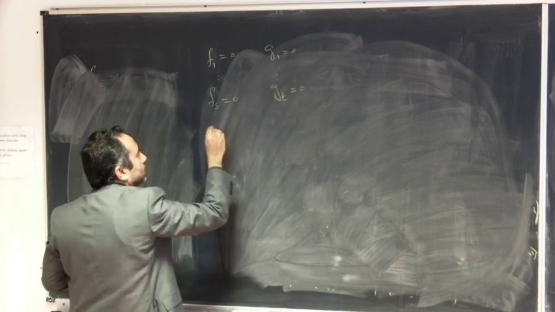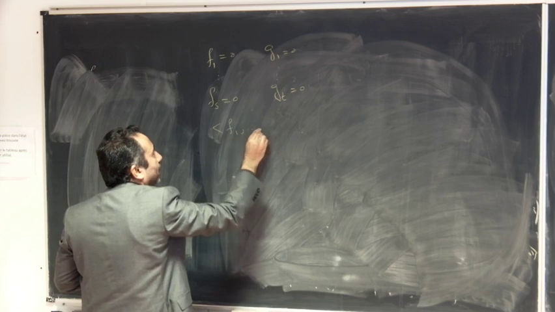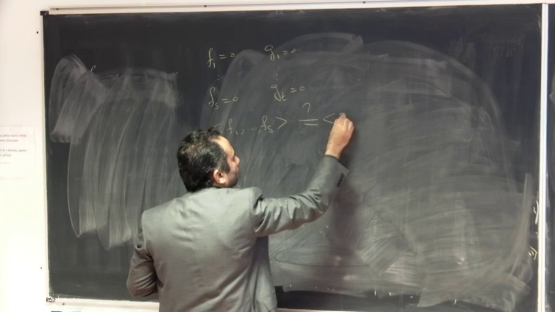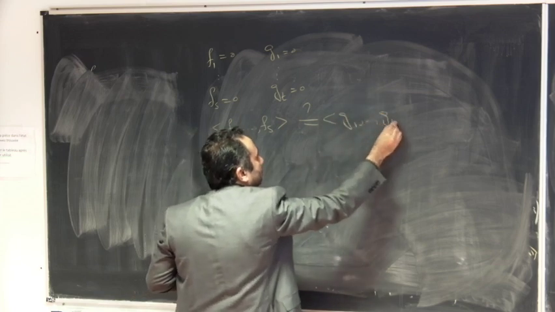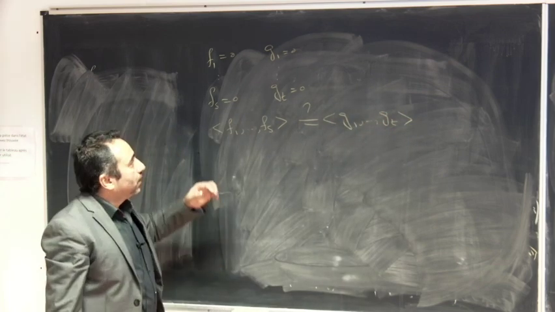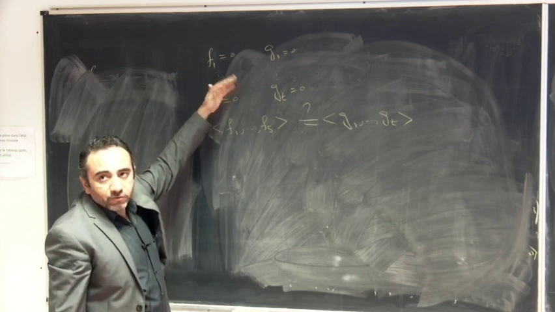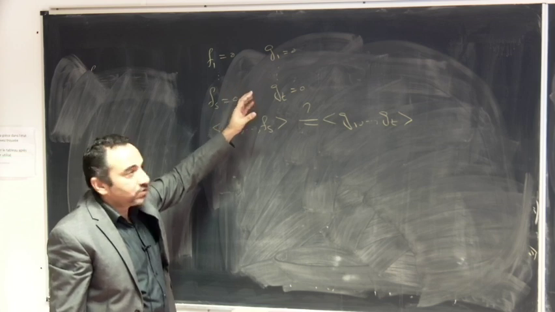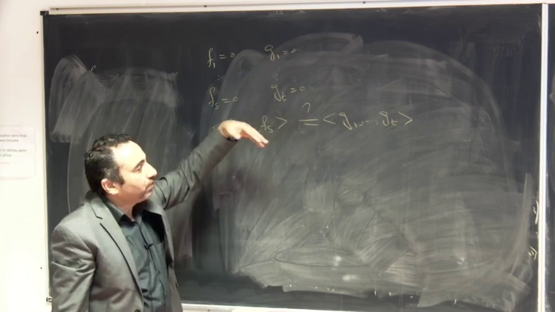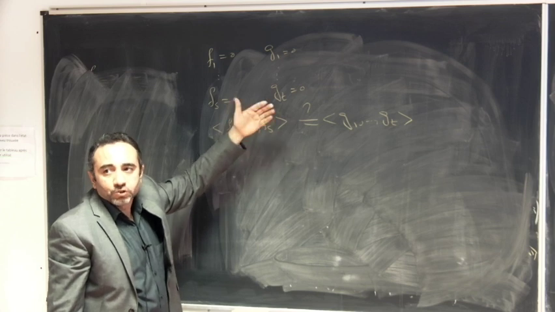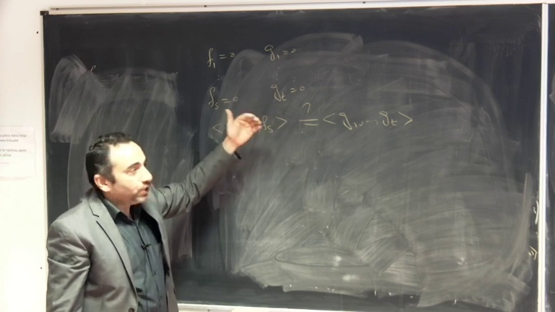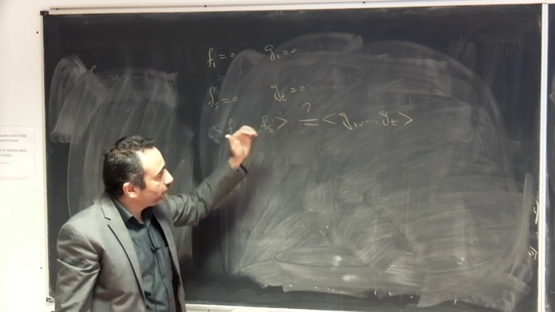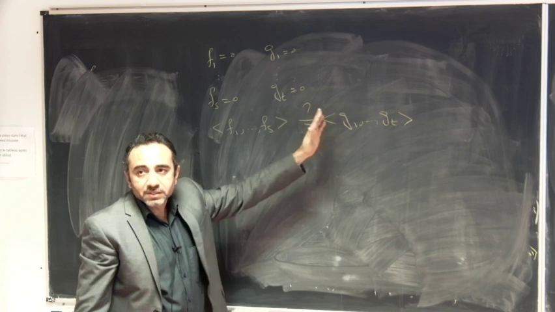So the question was whether an ideal generated by fs is same as the ideal generated by gt. Suppose we are getting this system from some physical problem and we need to show that after certain steps we found some solution in this form, and we need to check whether we are having the same solutions. So we put those systems in the form of ideals, and we need to check whether these two ideals are same or not.